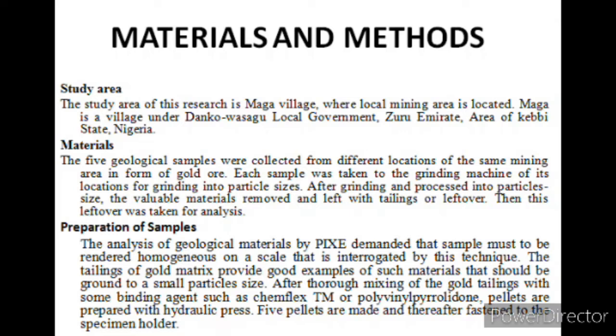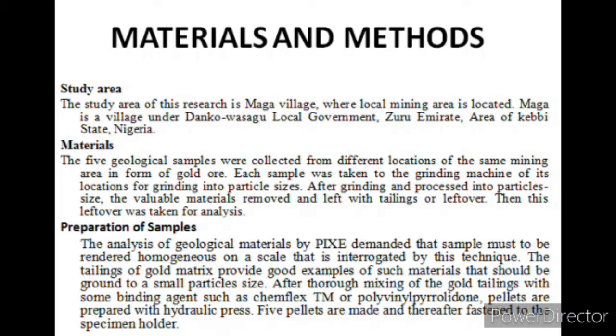Material and method. From the explanations above, it was shown that the study area is a village under Danko-Fasagu local government, Zuru emirate area of Kebbi State, Nigeria. The material utilized in this research includes the geological sample, which is the tailings of gold ore.